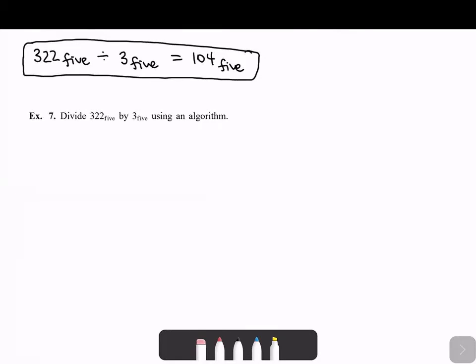But because we're dealing in bases, I think it's just easier to do this using the traditional algorithm, no estimation, because I think that we're much more likely to make mistakes estimating in base 5, just because we don't live in a base 5 world and it's a little bit harder to get used to. So the first thing I'm actually going to do is write our base 5 addition tables and multiplication tables.